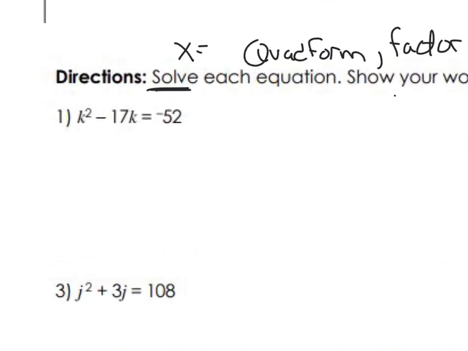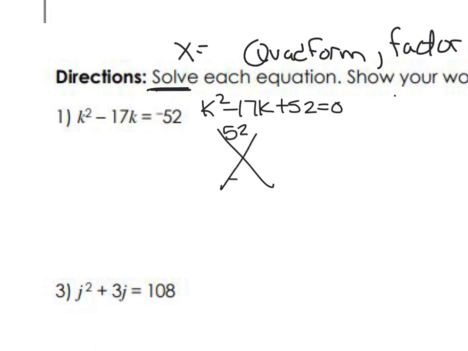All right. So we're always going to set them to 0. k squared minus 17k plus 52 equals 0. I'm going to need the factors of 52 that add up to negative 17. Negative 4 times negative 13 is positive 52, and if I add them together, I get negative 17.